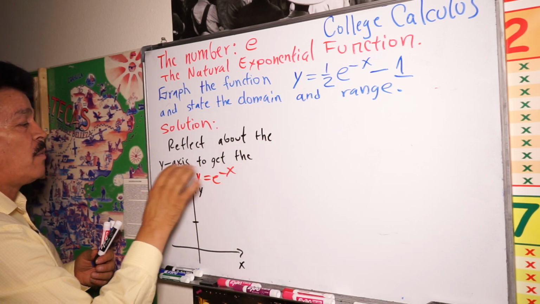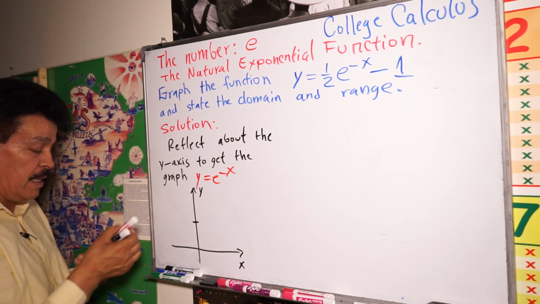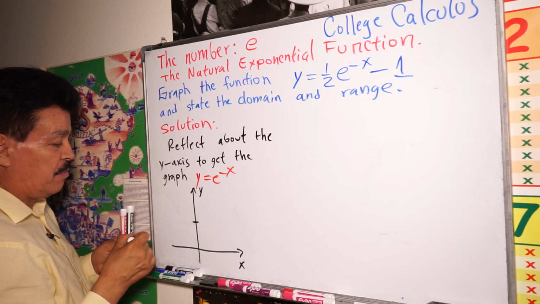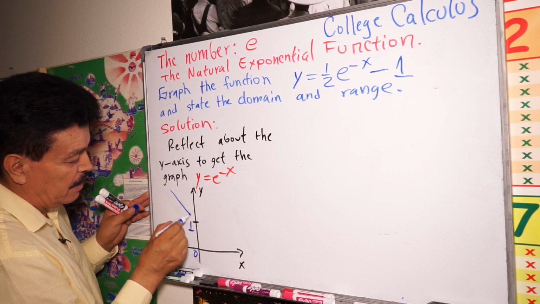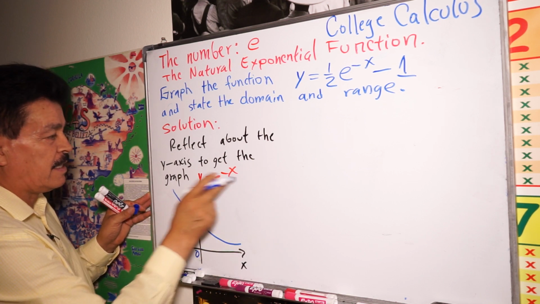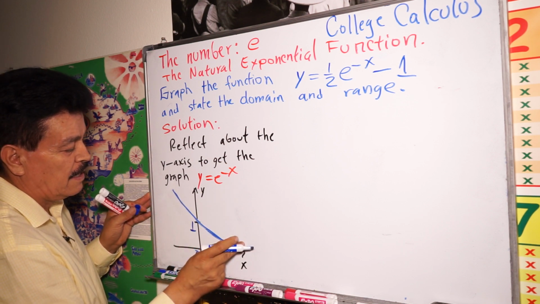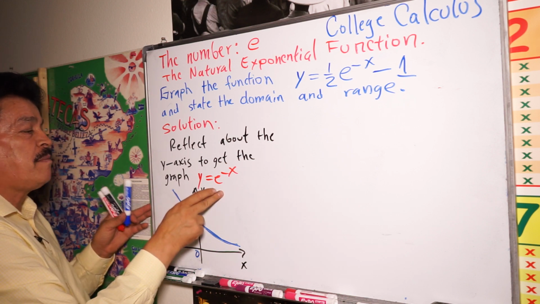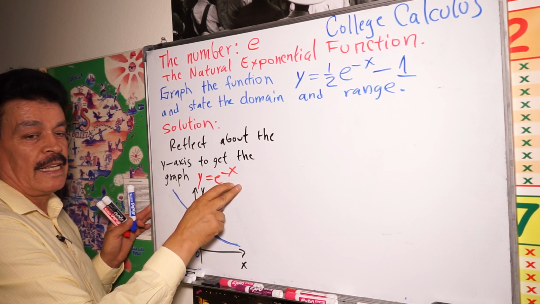We reflect about the y-axis to get the graph y equals e to the minus x. This is number 1, this is 0 right here, but now the graph is in this way. Before the exponent was positive, now it's negative, and the graph is like that. So this graph is e to the power negative x.